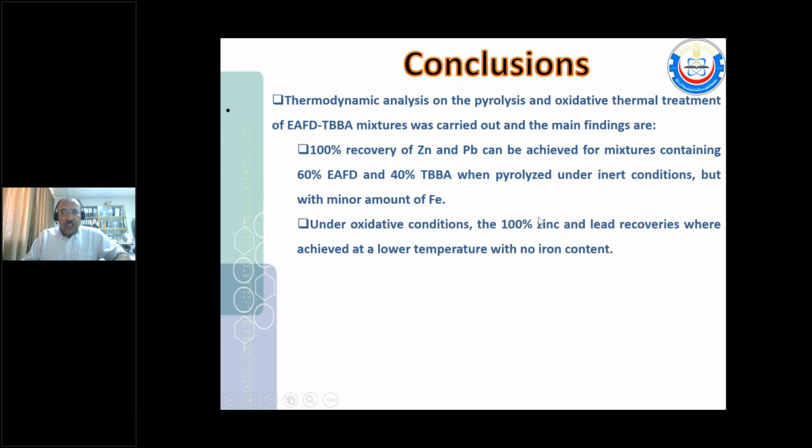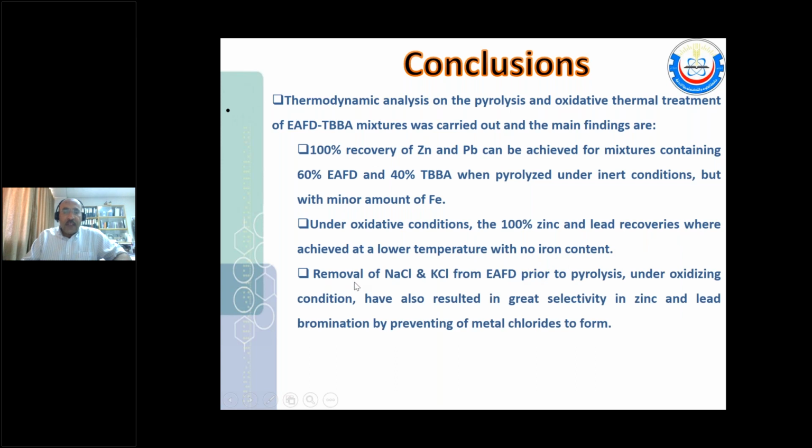Under oxidative conditions, 100% of lead and zinc recovery were achieved at lower temperature with no iron content, and the washing process was found to be essential to make the products more pure and improve the pyrolysis or thermal treatment conditions.